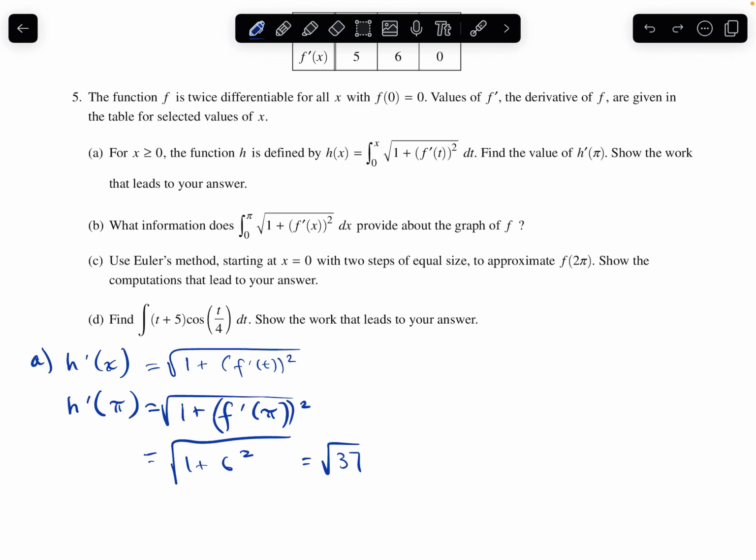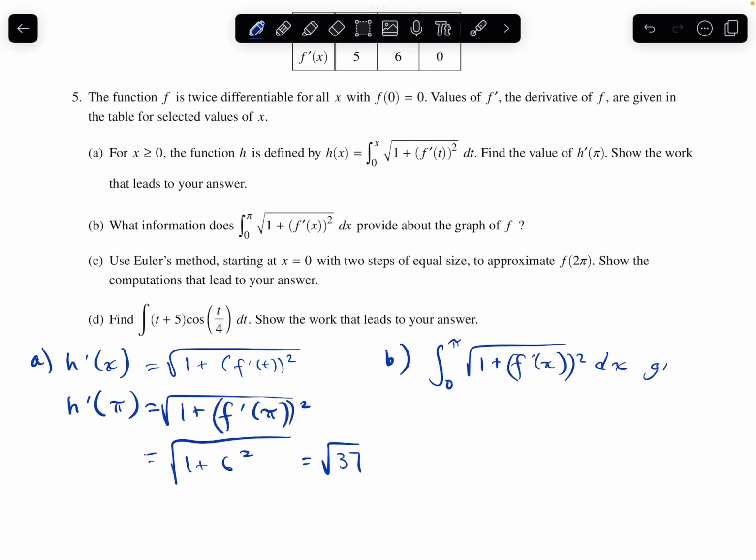Okay. All right. So now moving on to part B. Well, what information does the integral from 0 of the square root of 1 plus f prime of x squared represent about the graph of f? And this is sort of either you know it or you don't, but looking at this, 1 plus f prime of x, what do we recognize about that?